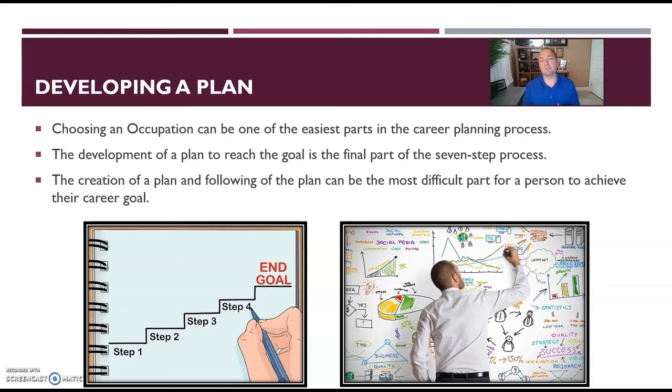Okay? So the development of the plan to reach the goal that you create, what you decide, is the final part in the 7-step process of decision making. The creation of the plan and following the plan can be and probably will be the most difficult part a person has to achieve their goal. Why? This is where life will give you setbacks, failures, barriers, things get in the way.